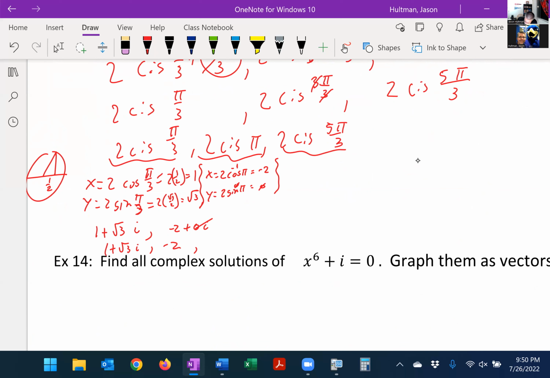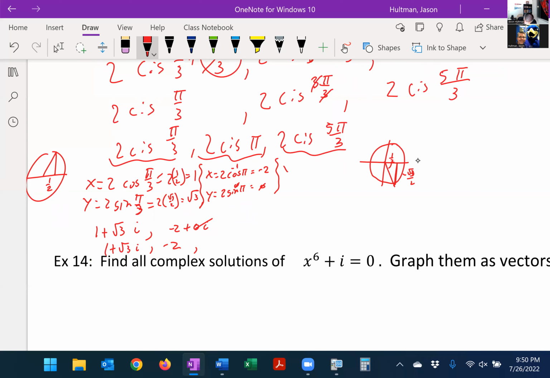And so this is going to be in the 4th quadrant. Reference angle is pi over 3. And so still the x value is going to be 1/2, but the y value is going to be negative radical 3 over 2.